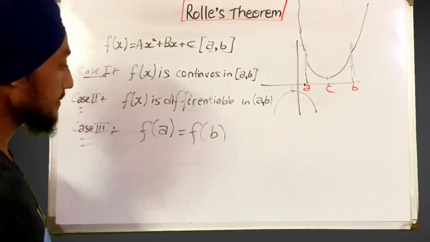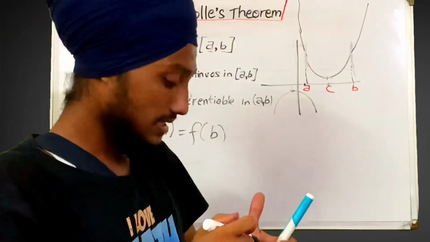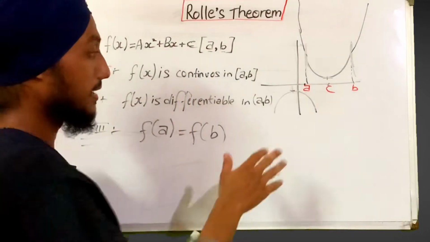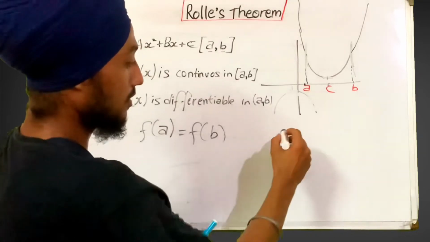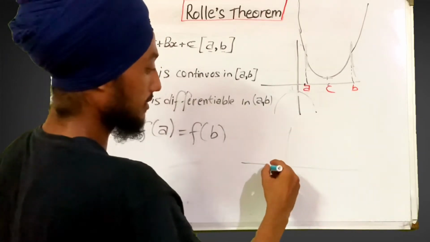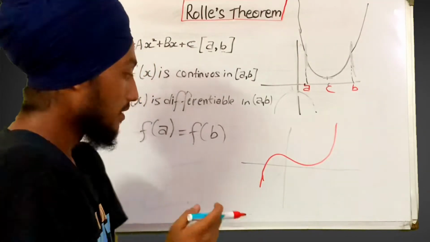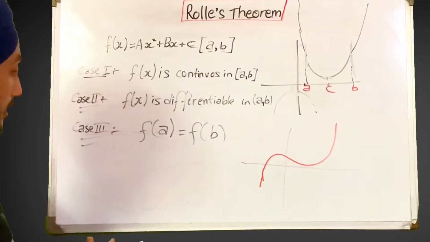Let's look at an example. If it is not a quadratic, let's make some cubic polynomial. If we have to apply Rolle's theorem to this cubic, what exactly does Rolle's theorem tell us?